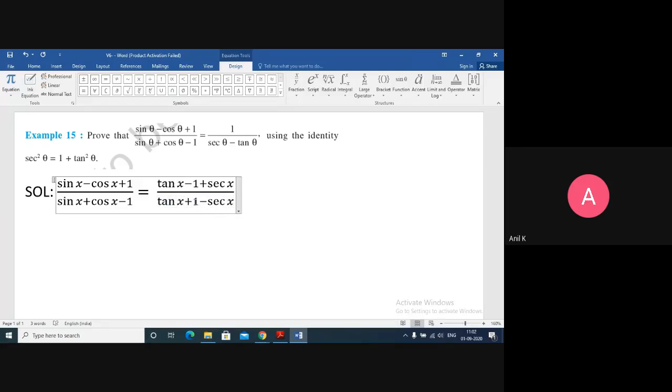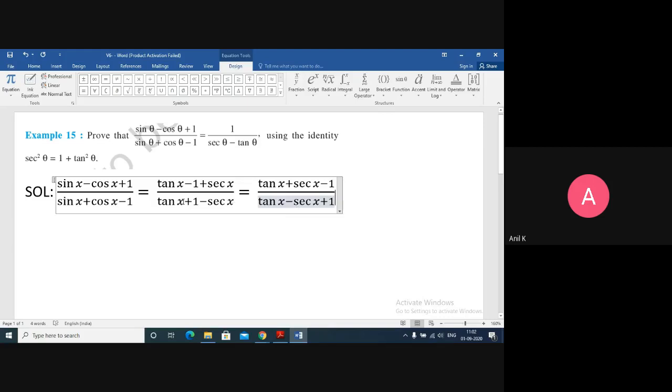So after writing this step you can do rationalization as it is, or you can rearrange the terms and do. So what I do here is I'll keep tan x plus sec x minus 1, just rearranging the terms, and here I'll get tan x minus sec x plus 1.